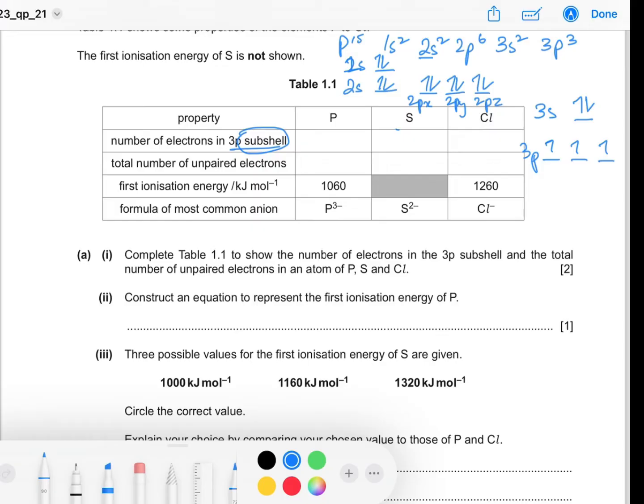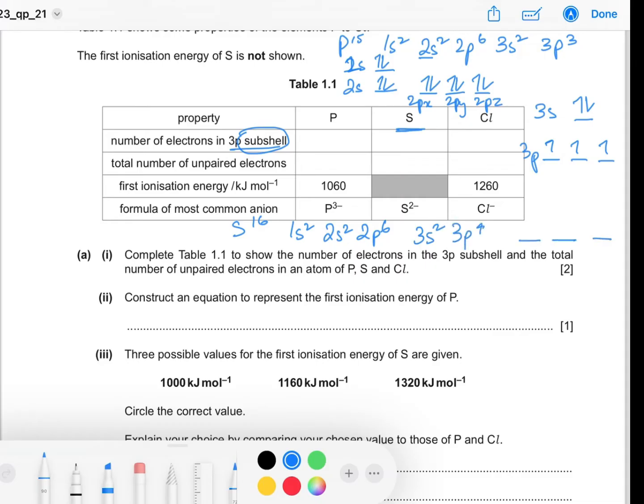When it comes to sulfur, its atomic number is 16, so it has 16 electrons. It will have the same electronic configuration as phosphorus, except in the 3p orbitals it will have 4 electrons. So its electronic configuration would be 1s2, 2s2, 2p6, 3s2 and 3p4.